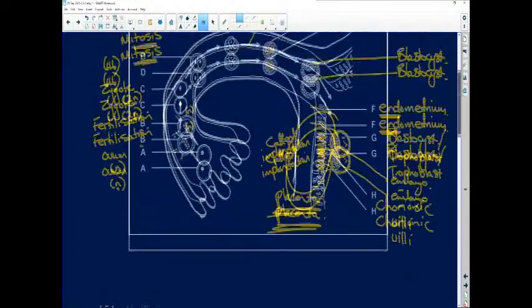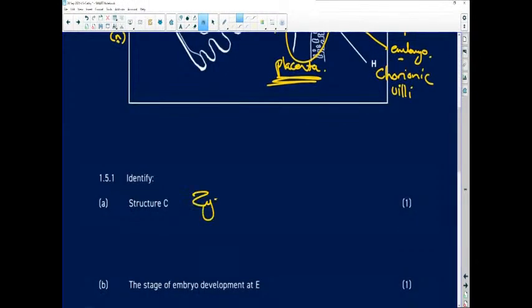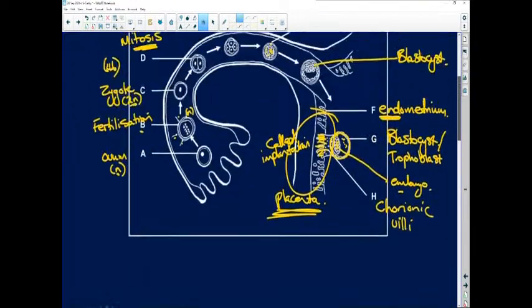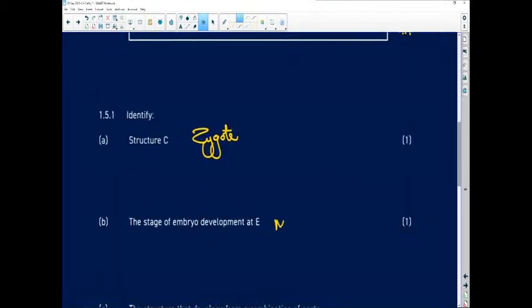Identify structure C, that is the zygote. Okay, then, where am I? The stage of embryo development at E. At E, it's a morula. All right. What else do I want here?